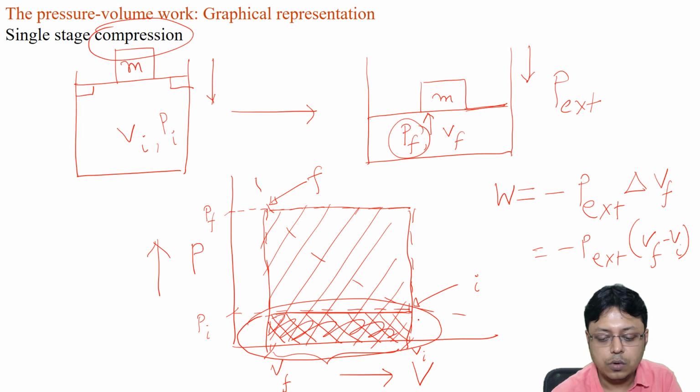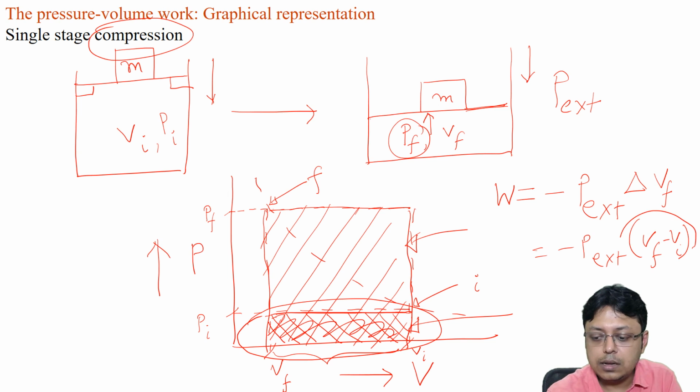This is the work done by the system. However, when the compression was happening, the work done on the system by the surroundings was greater. So the work of compression is always greater in magnitude than the work of expansion, at least.